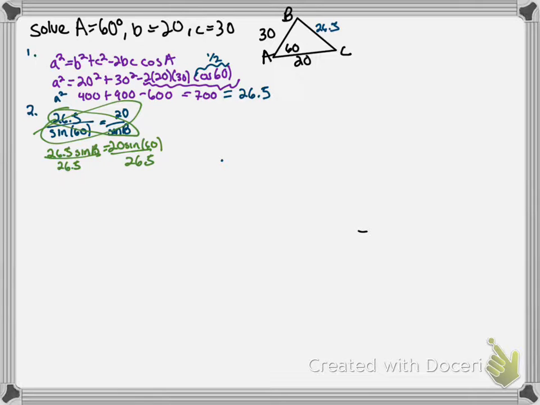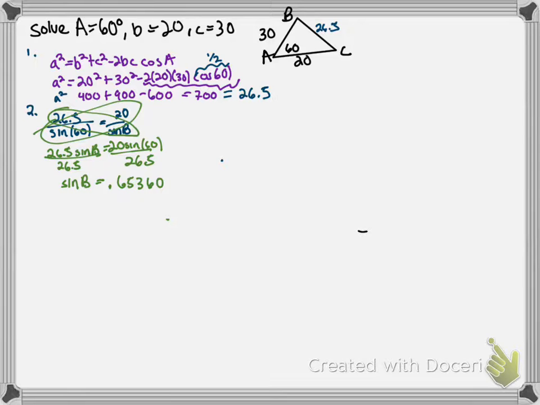I'm going to do this on my phone. So sine of 60 times 20, divide by 26.5. So that gives me sine of B equals 0.65360.